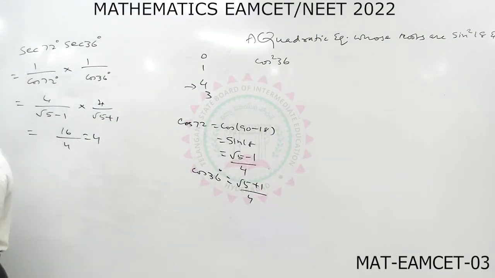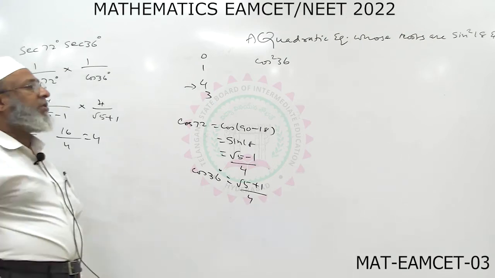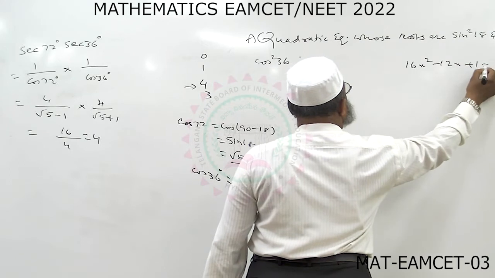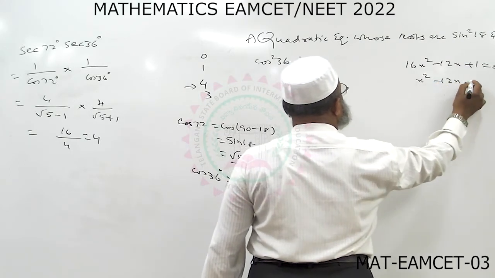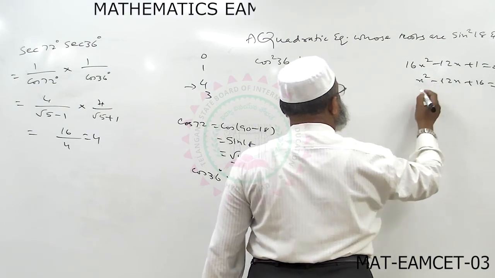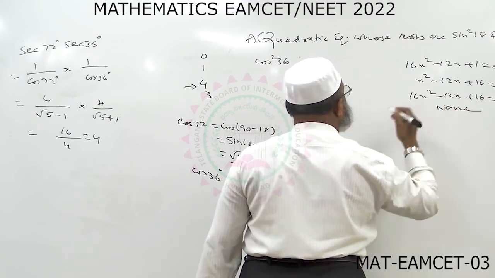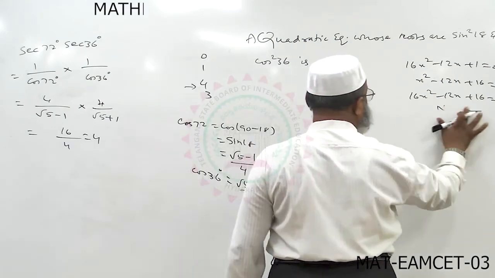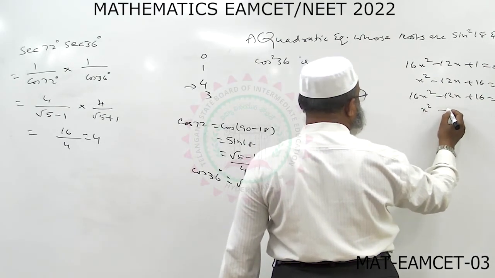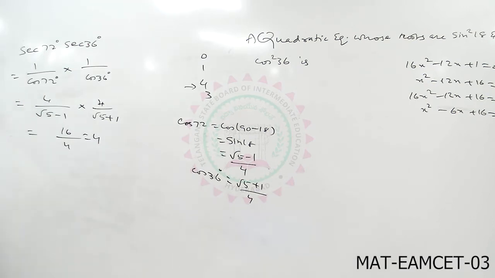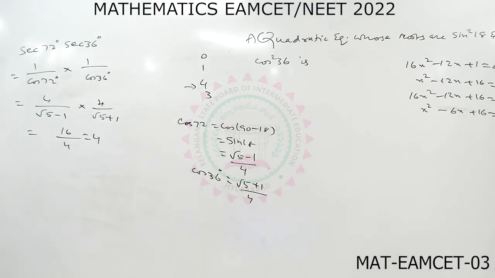A quadratic equation whose roots are sin square 18 and cos square 36 is: 16x square minus 12x plus 1 is equal to 0; x square minus 12x plus 16 is equal to 0; 16x square minus 12x plus 16 is equal to 0; fourth one is x square minus 6x plus 16; and 16x square minus 12x plus 1 is equal to 0.